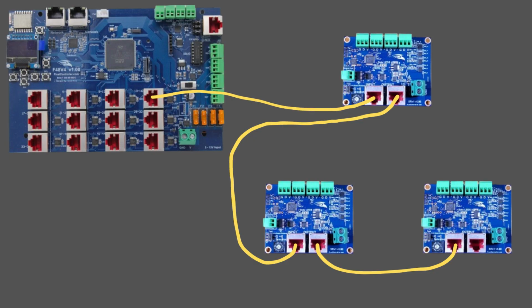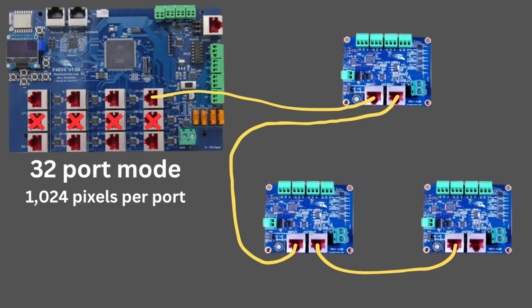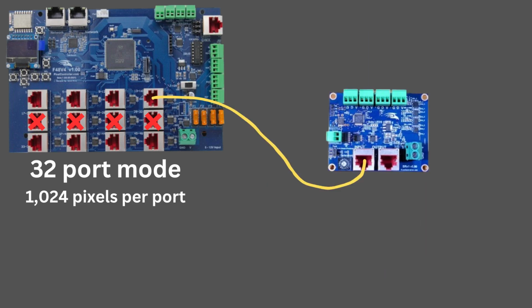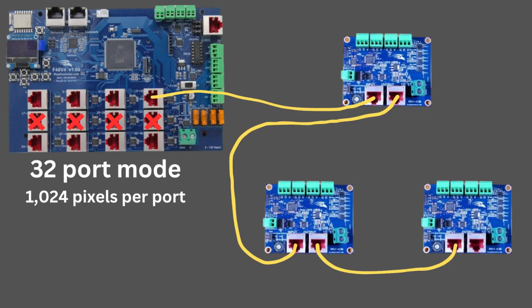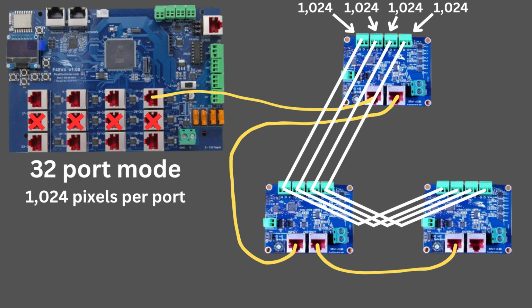So let's say, just to make it simple, you're running this controller in 32 port mode. That means you can use 1024 pixels per port. This means that if you had a single receiver on a chain, ports 13, 14, 15, and 16 could run 1024 pixels. Well, now what happens that we have multiple receivers on this chain is this 1024 pixels that each port gets has to be split up with all the other ports of the same number.